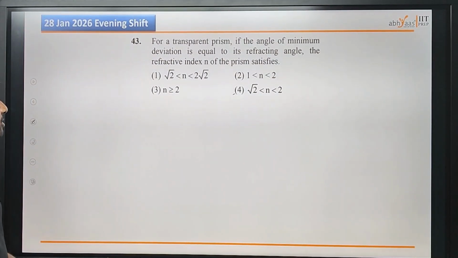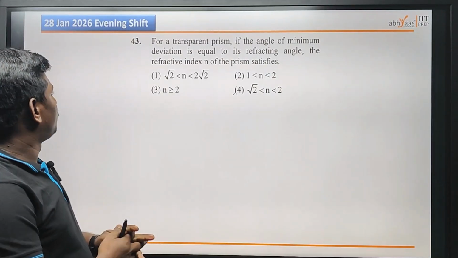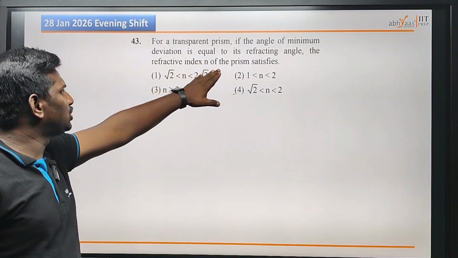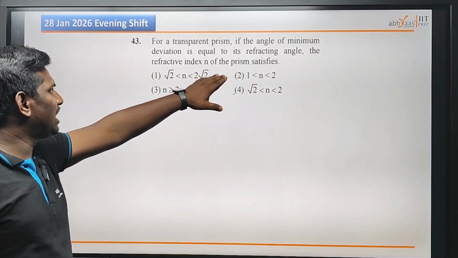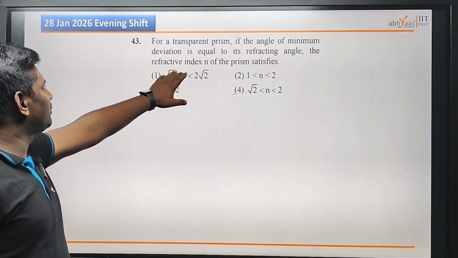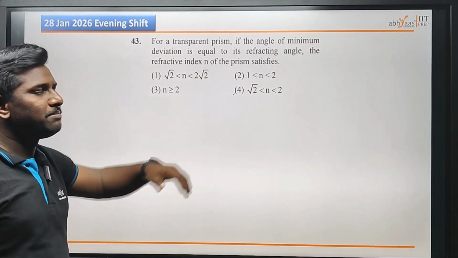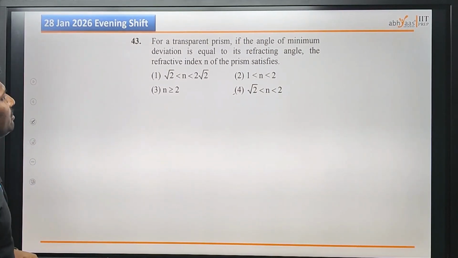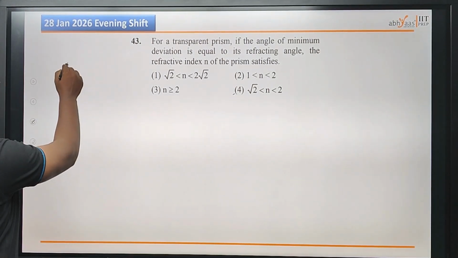Next question. Question number 43. For a transparent prism, if angle of minimum deviation is equal to its refracting angle, the refractive index n of the prism satisfies. We know that one. The minimum deviation is equal to its refracting angle. So take this one.